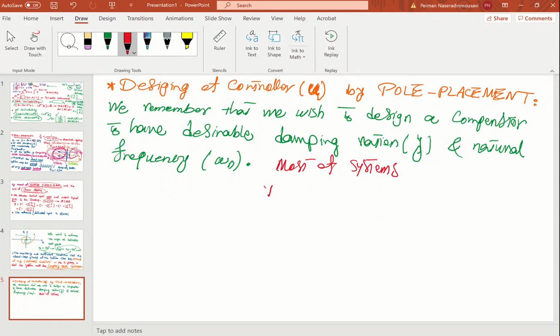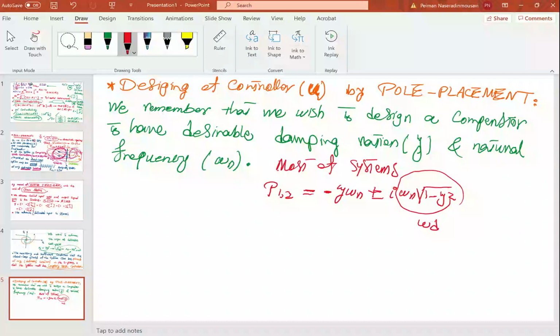Under-damped response means that you want to have desirable complex conjugate poles, minus zeta omega n plus or minus i omega n square root of 1 minus zeta squared. Remember that we named this the damped natural frequency omega d. So you want to have a pair of complex conjugate poles for your car suspension system, that's right, and many other systems.